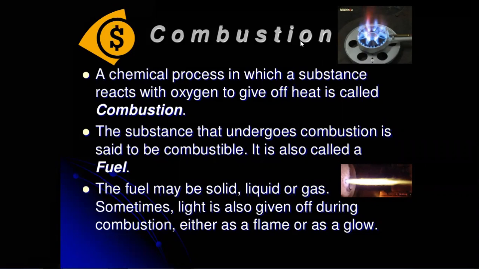It's a chemical process because combustion requires oxygen. If you give an incomplete supply of oxygen, then we can say incomplete combustion takes place. Like the gas stove we use at home, right?